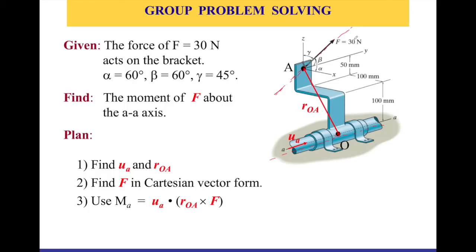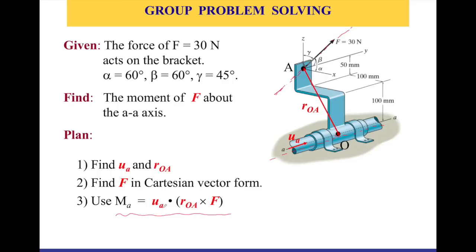You need to write the force in Cartesian form, and then we follow the formula that we discussed in the previous video: the moment about an axis is the cross product of the position vector and the force, followed by a dot product of the unit vector with that cross product.